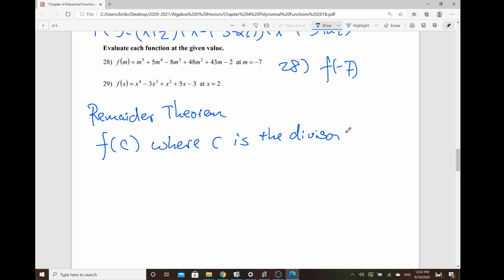Once you go through the long division or the synthetic division, you'll find out the remainder. So f of c is given, where c is the divisor.